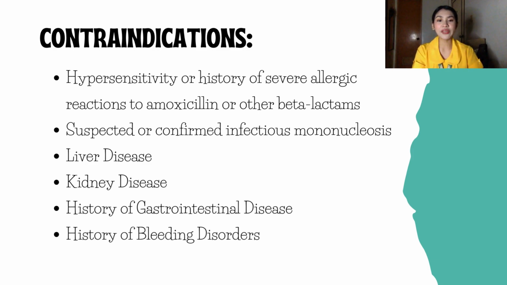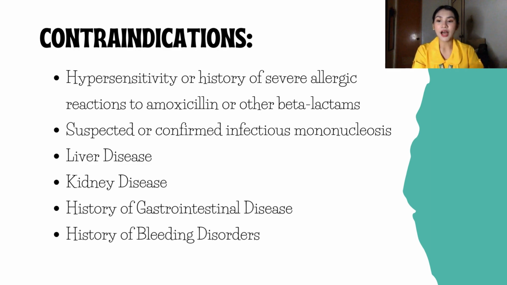Next, we have liver disease. Persons with severe liver disease may require dose adjustments or avoidance of amoxicillin due to its metabolism in the liver that could worsen the liver dysfunction. Next, we have kidney disease. People with severe kidney disease may require dose adjustments, just like liver disease, because amoxicillin is mainly excreted through the kidneys, and its accumulation can occur in impaired kidney function.